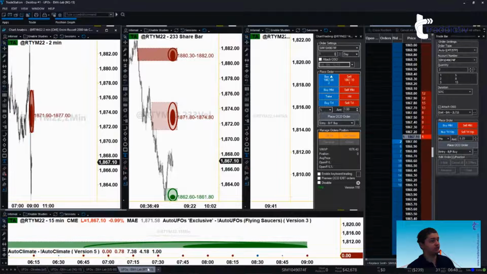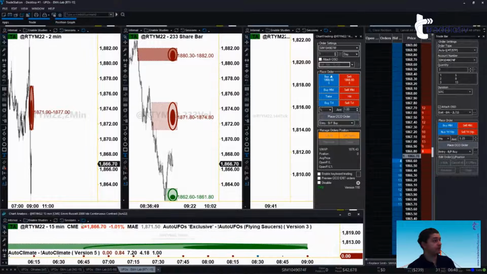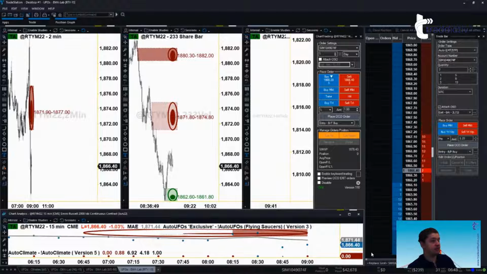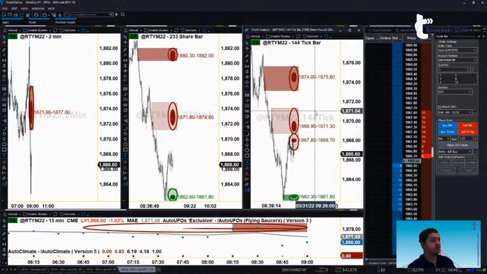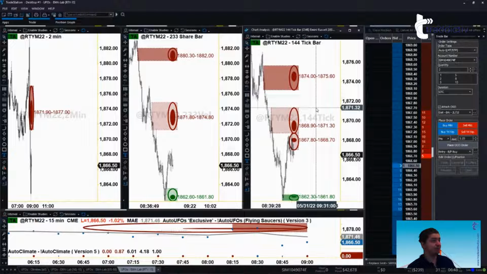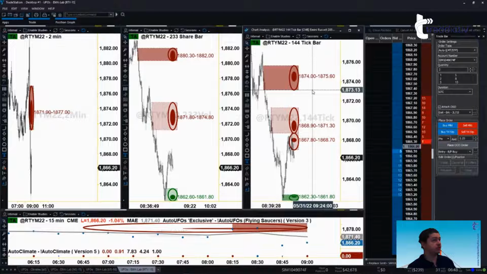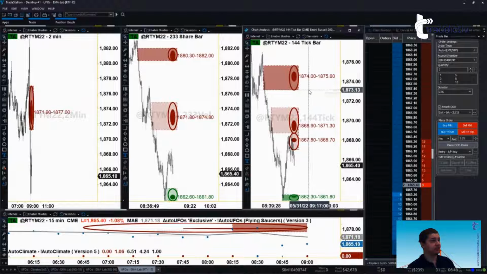Russell popping up as well. Let's do this here. 71.30. This is at the top. 70.50. So for the Russell, the better option would be to take it up here, 17.13.10. So right here.